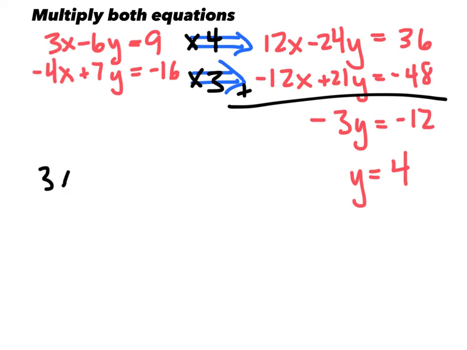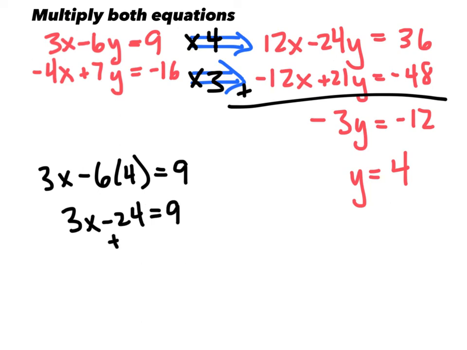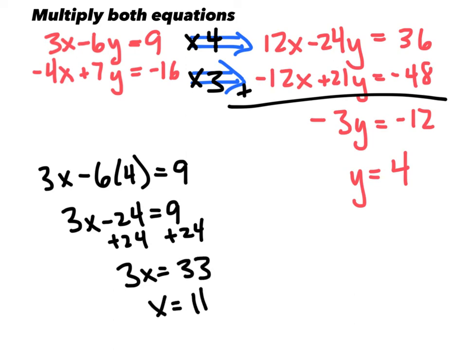So 3x minus 6 times 4 equals 9. 3x minus 24 equals 9. I'm going to add 24 to each side. 3x equals 33. So x equals 11. And the solution is 11, 4.